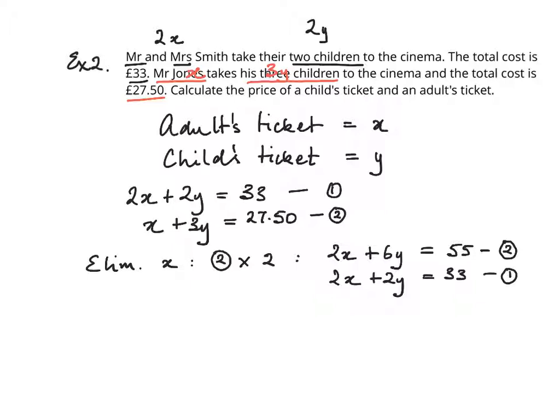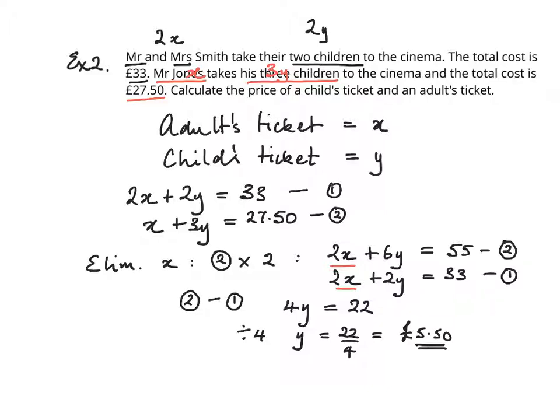I'm going to subtract one equation from the other. So equation 2 take away equation 1. So 2x take away 2x is 0. 6y take away 2y is 4y. And 55 take away 33 is 22. So if I divide by 4, 22 over 4 is £5.50.